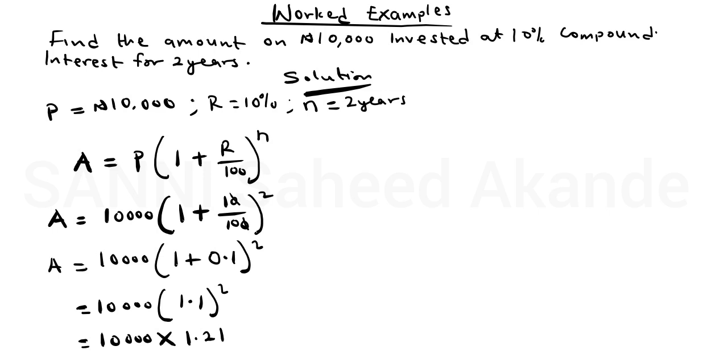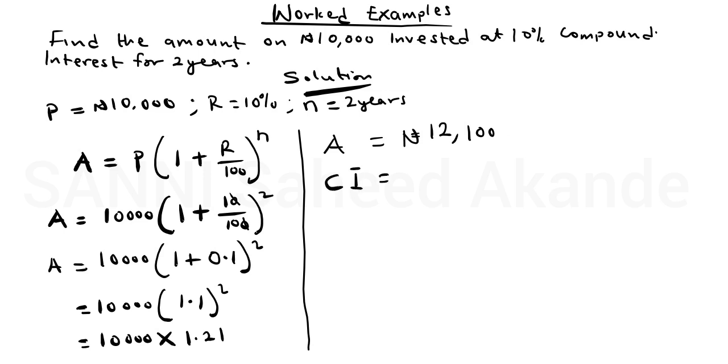Let's continue here. Our amount A will be equal to 10,000 naira multiplied by 1.21, and that will give us 12,100 naira. So this is the value of the amount. Understood? Now let's find the compound interest. The compound interest CI is given as the amount minus the principal.